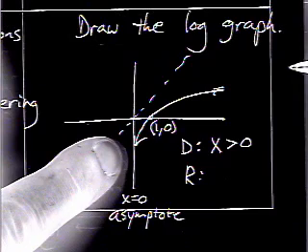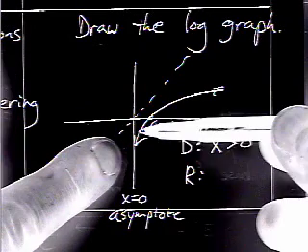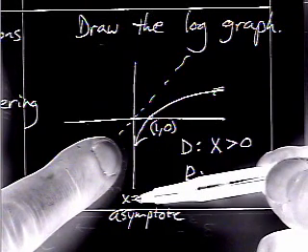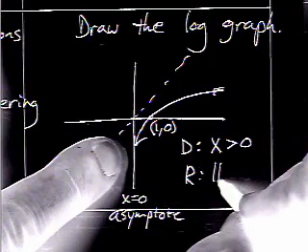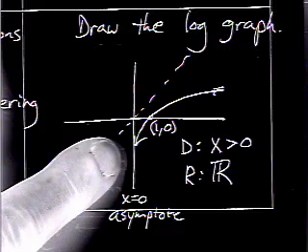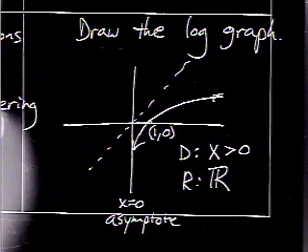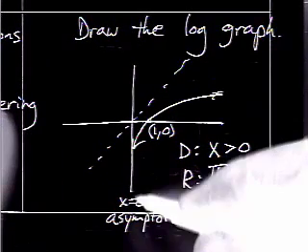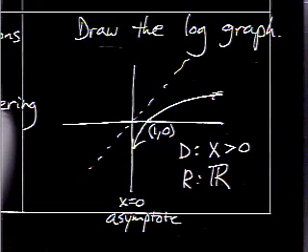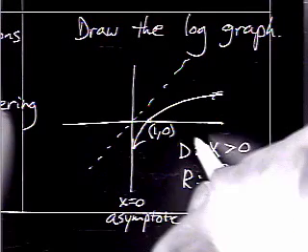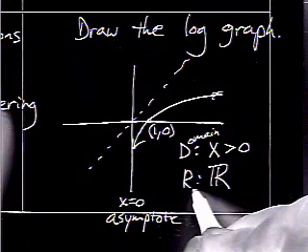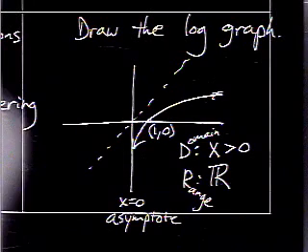Now, it might take a while to get out there and get a high value, but here it's going to go down really fast, really fast. So I'm going to cover every real number in the universe. So you've got your x equals 0 for your new asymptote, and your domain and your range.